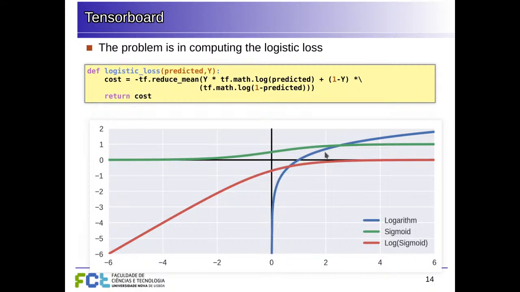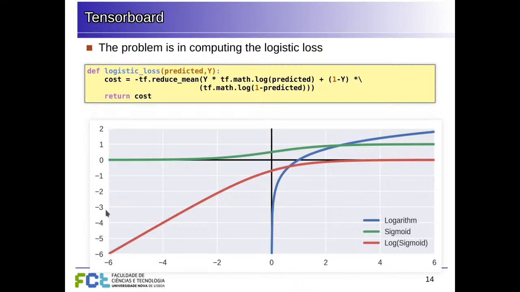Now, if we take the logarithm of the sigmoid function, we should not easily get to minus infinity, because even though this starts to decrease very rapidly here, the sigmoid function will decrease very slowly towards 0 over this part. So actually the logarithm of the sigmoid function should look something like this, and here be a straight line all the way to infinity.